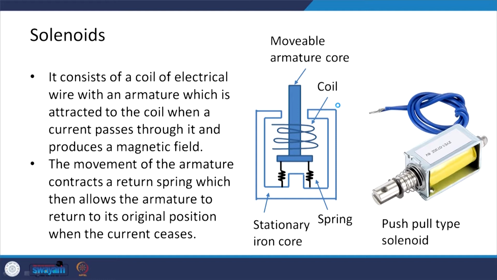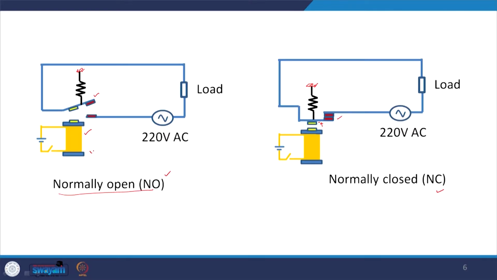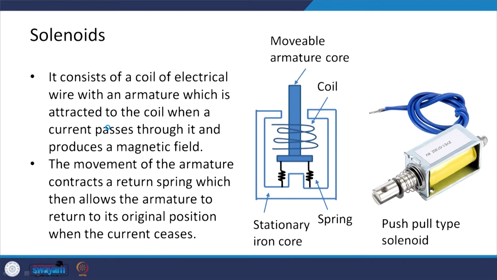So, let us look at how the solenoid works. The solenoid which we have explained over here, its working principle is something like this. There is a movable armature core, as you can see here, there is a coil, and there is a stationary iron core over here.